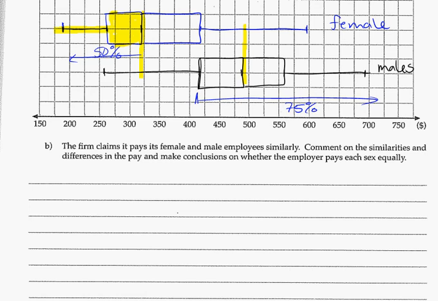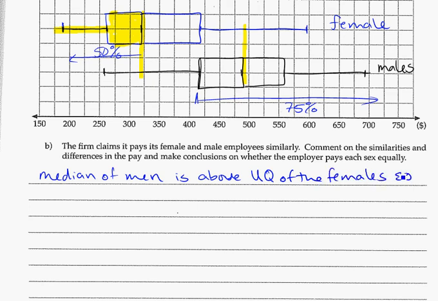Because from here up is 75% of the men. So I guess we can start with the median. Median of men is above the upper quartile of the females. So what does that mean?